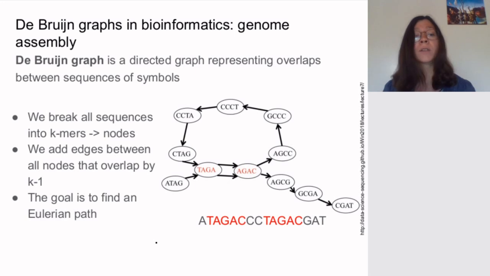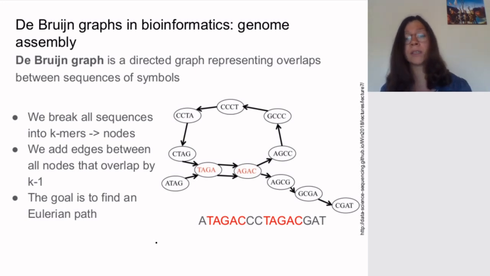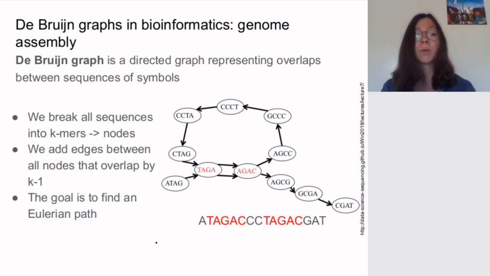We break all sequences into k-mers, and these k-mers become vertices. So on this picture that I have in the slide, k equals 4. After that, we add edges between all nodes that overlap by k minus 1. And that creates this graph.